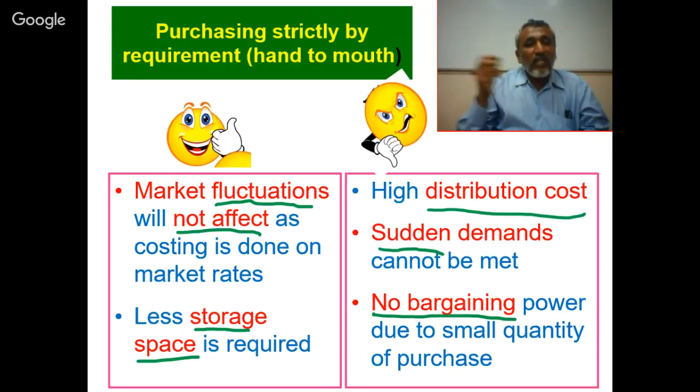On the other hand, if you want 100 kg of apple, you can get the apple at a much lower rate per kg. That means you have high bargaining power only if you buy in large quantities. Because this purchase is in small quantities, the bargaining power is not there. This is another drawback of hand-to-mouth purchasing.